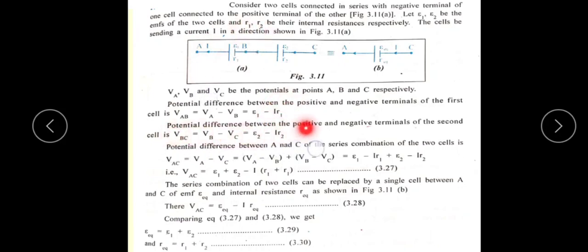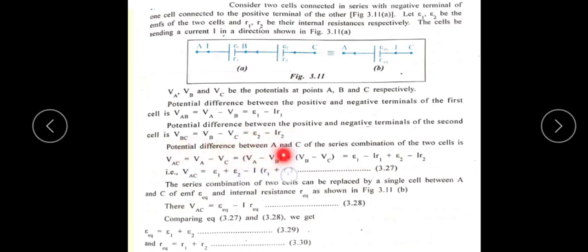Then the potential difference between the positive and negative terminals of the second cell is VBC, equal to VB minus VC, which is also equal to E2 minus I r2.